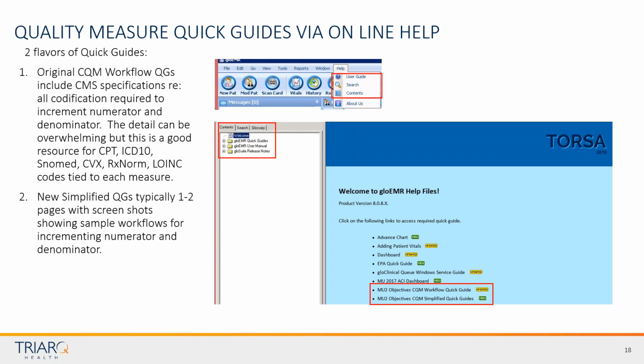That was no simple task, because in order to be a certified product, in our certification testing, they can throw a patient at us that's got any number of codes, SNOMED codes, CVX codes, whatever it is that should be triggering the numerators and denominators. We have to accommodate that, and we have to show that our dashboard performs accordingly.